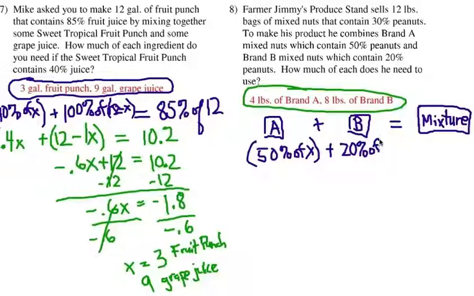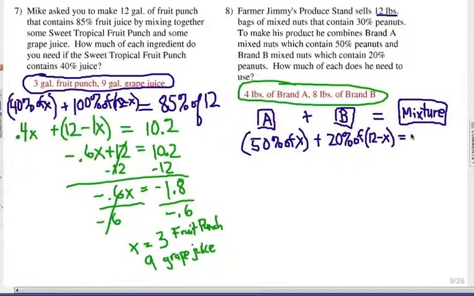Brand B is going to be 20% of, now we want a total of 12 pounds when we're done. So similar to the previous problem, it's going to be 12 minus X for brand B. So if A is X pounds, B is 12 minus X pounds. Now what is the final result that we want? Well, we want it to be 30% peanuts, and so the peanuts in that mixture is 30% of 12. So let's work out our decimals and figure this out using some algebra steps.